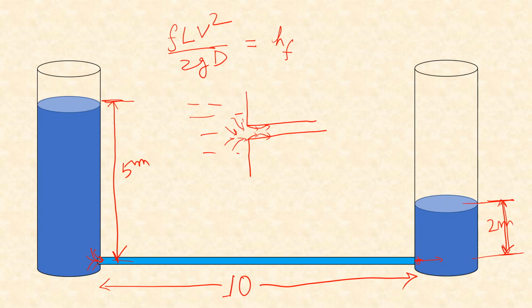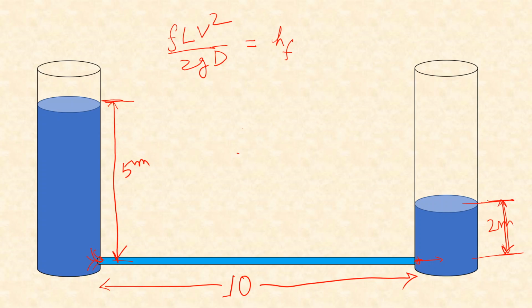Because of this transition, there will be some turbulence in this region, because this part will have low pressure and high pressure at this point will push the water back, and therefore some kind of turbulence will be taking place, and in that turbulence some extra amount of head will be lost. So that's what this entry loss means.